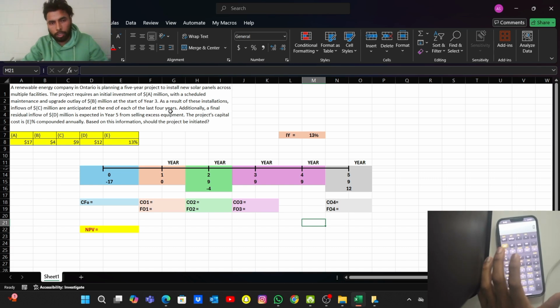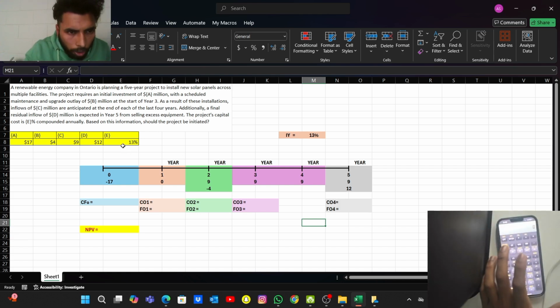As a result of this installation, an inflow of dash million is anticipated at the end of each of the last 4 years. That is the C column, 9 million at the end of each of the last 4 years. Additionally, a final inflow of dash million is expected in year 5 for selling equipment.